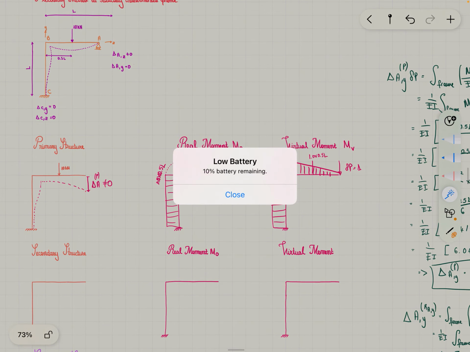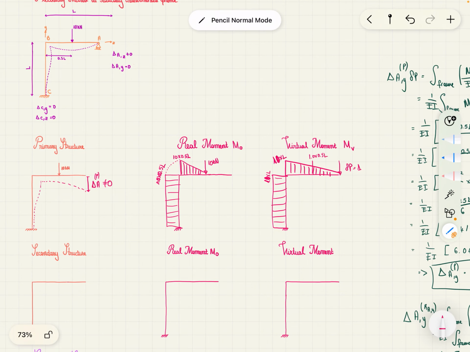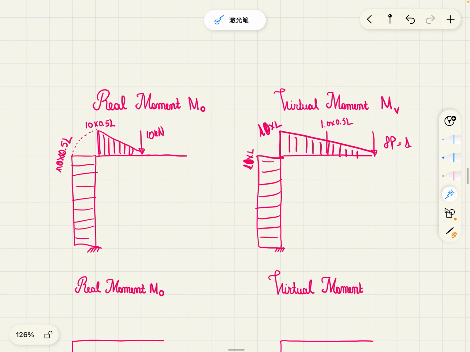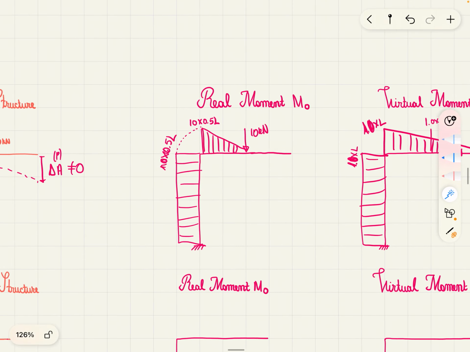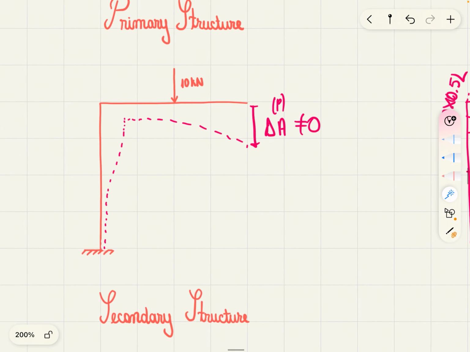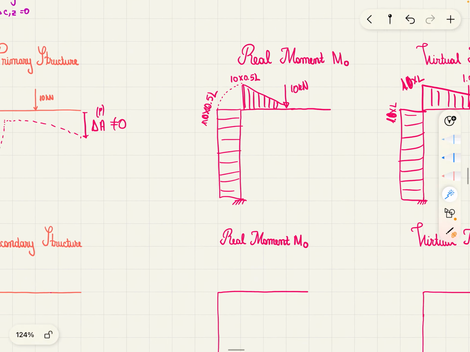You may also be wondering why we've drawn the bending moment diagrams on the left side of the column. It's because the left side of the column is in tension, and you draw the bending moment diagram on the side that is under tension. Look here, you can see this side is under tension, and this side is going to be under compression. That's why we draw it on the left side.